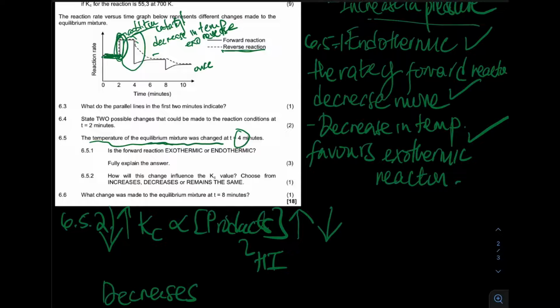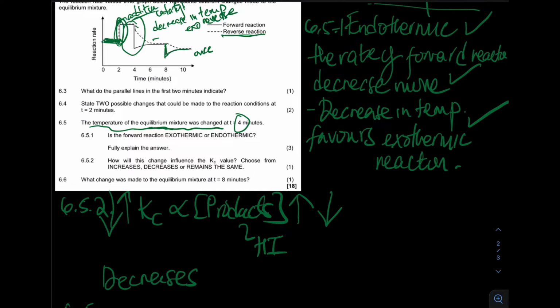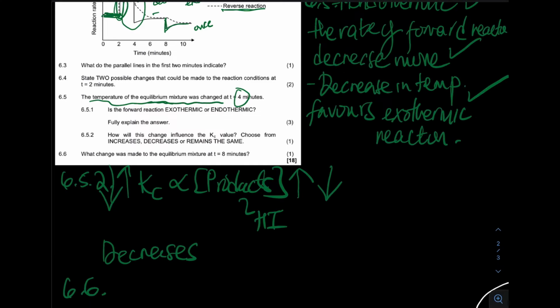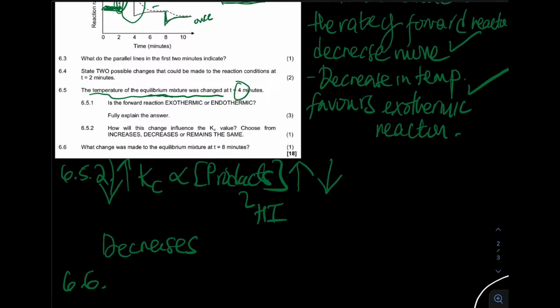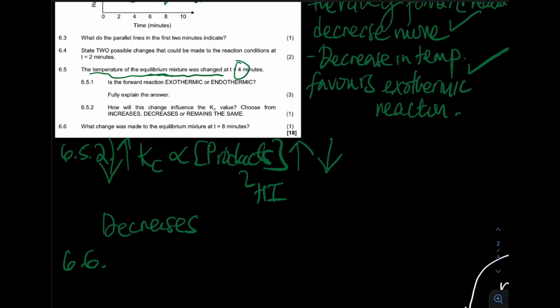Because if you look at the rate of forward, it has decreased, which was the disturbance, right? But then the system increased it. So if the system increased the rate of forward, that means there was a decrease in the reactants.